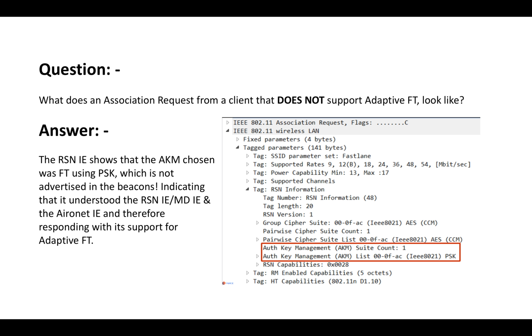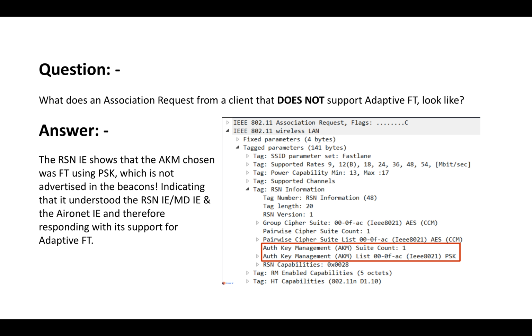So when my client does not understand my MDIE or any vendor specific information that I'm throwing out there in my beacons or the probe response, it just looks at the plain old information as suite count 1 and list PSK. So in its association request, it just sends out the same information. It is kind of just ignoring the rest of it, right?